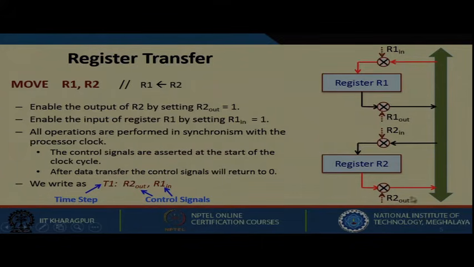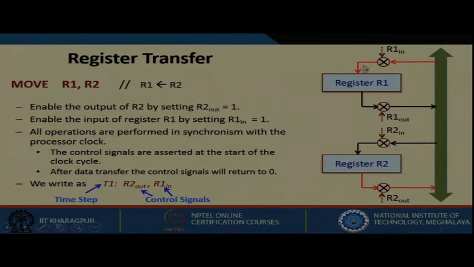If R2 out equals 1, the data will be available on the bus. Now, enable the input of register R1 by setting R1 in equal to 1. We also want the data from the bus to be made available in register R1. In that case, the signal R1 in should be 1.